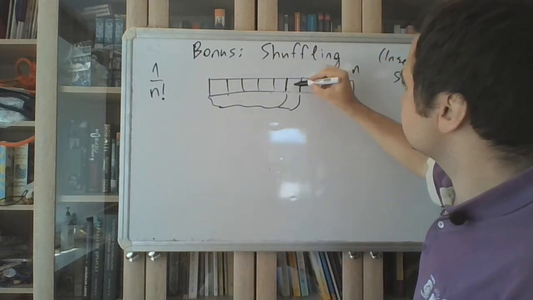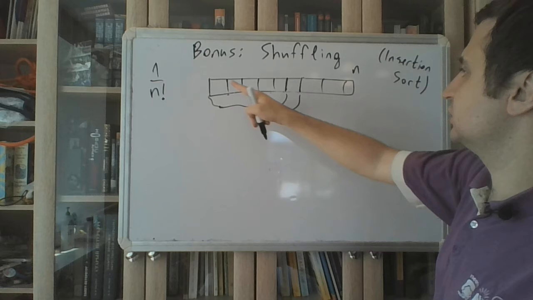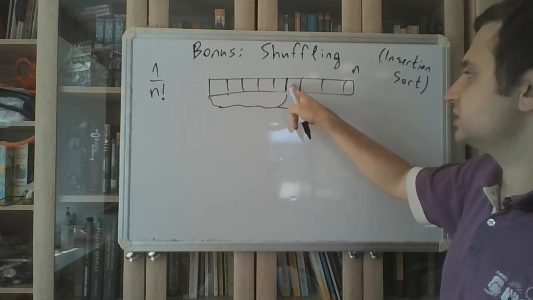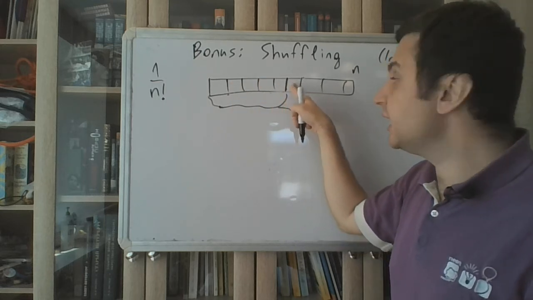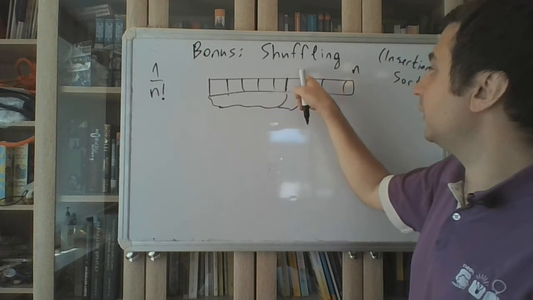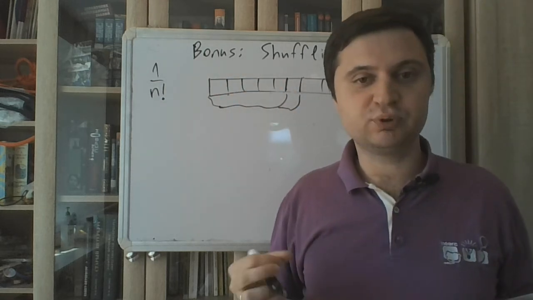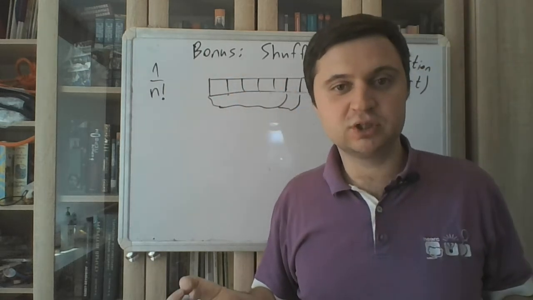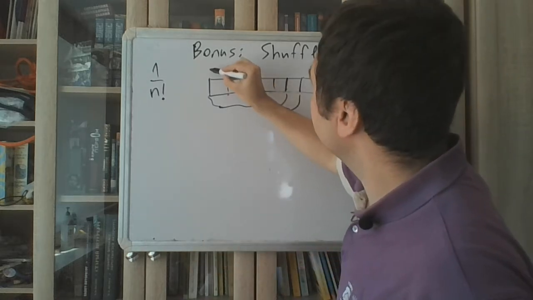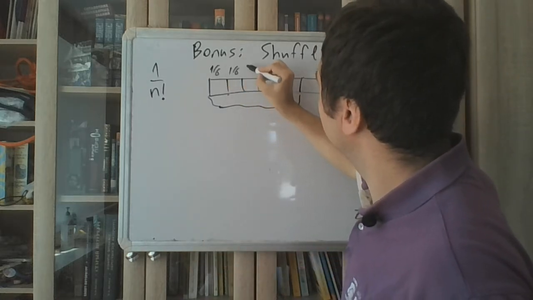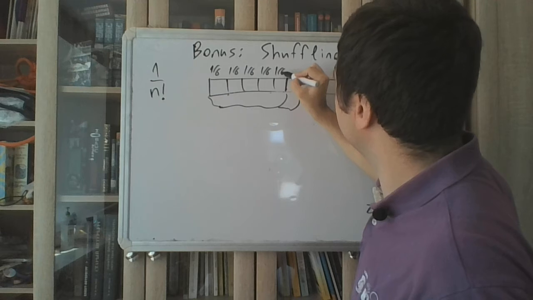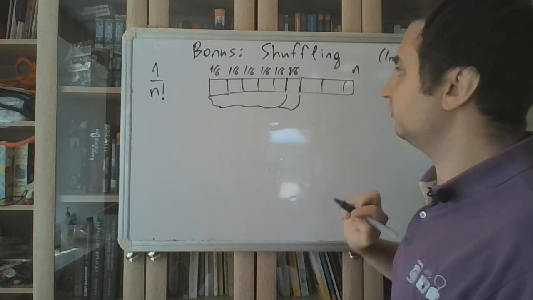This card, like 2, 3, 4, 5, 6 of hearts, so this is probably 6 of hearts, and it should go somewhere inside this prefix. But where should it go? It should go here, or here, or here, or here, or here, with probability 1 over 6.